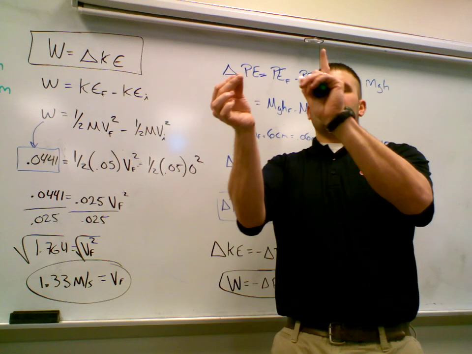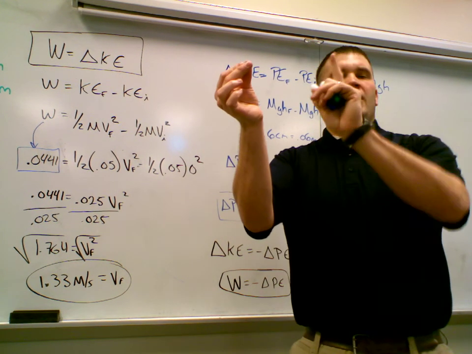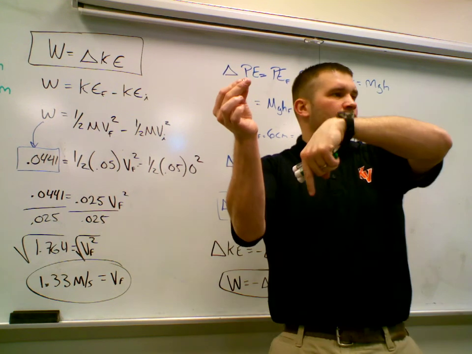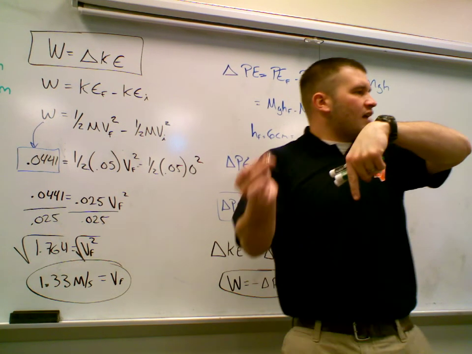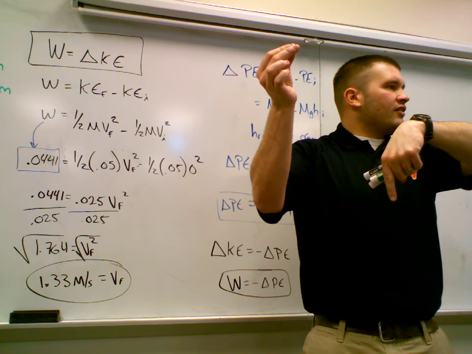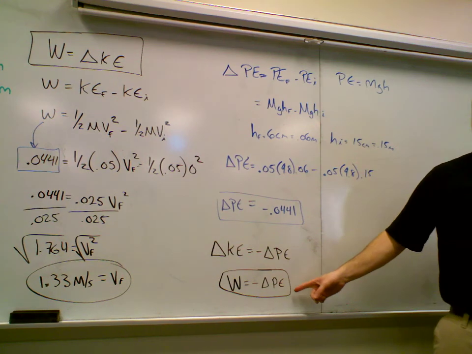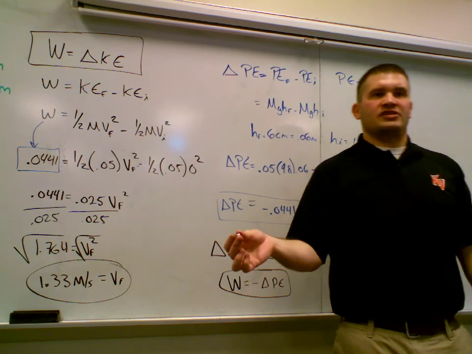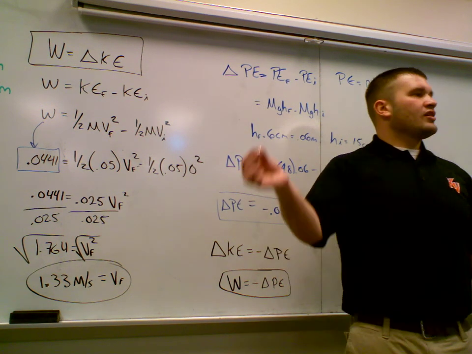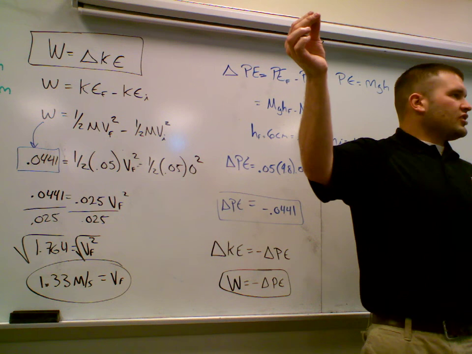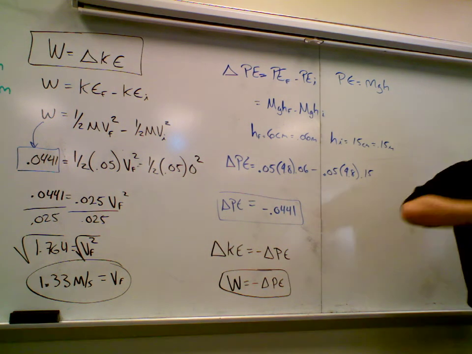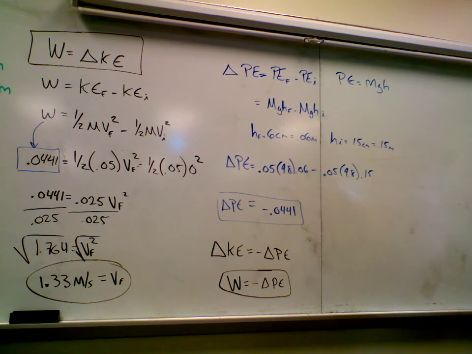Negative, because I have an upward displacement and a downward force. So the work done by gravity is negative, and our change in potential energy, did I increase it or decrease it? I increased it. So then those two negatives cancel out and store energy in our system.